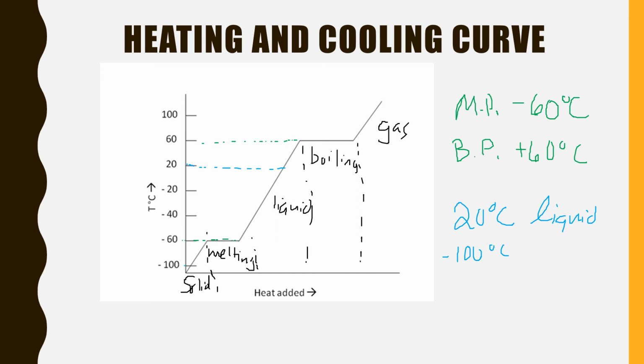Negative 100 intersects with the solid. What about 70? Well, 70 is not here, but 70 is more than 60. So if I go more than 60 and go over, I definitely hit the gas region. That's it. That's all there is to it.